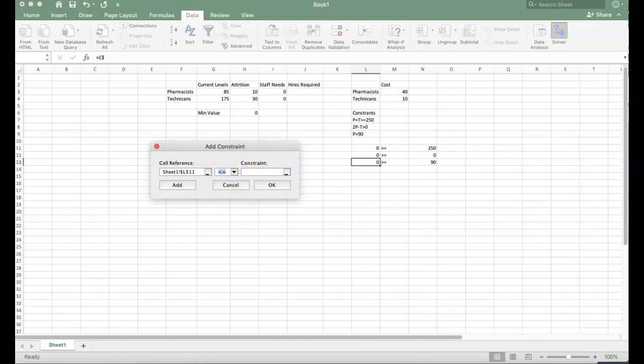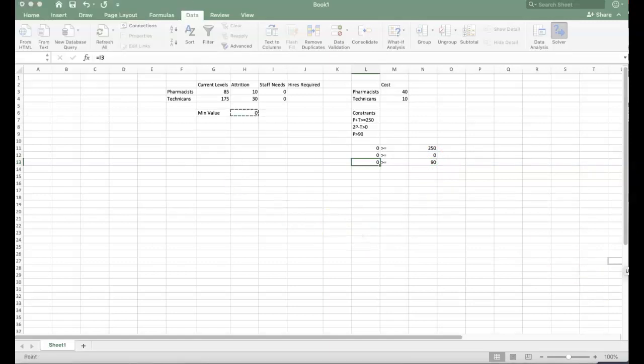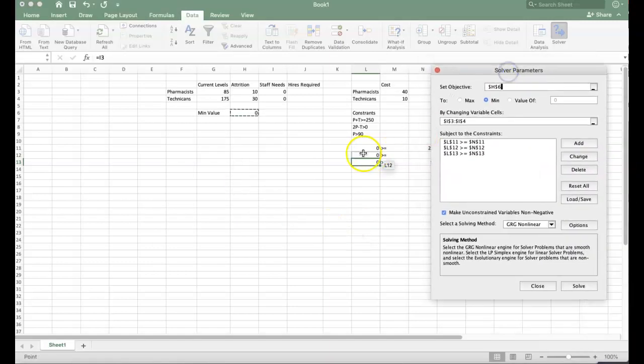I don't know why it's doing that, but I will go ahead and do it that way. Add. Add. Add. And we have, okay. Cancel that one. Move over my solver.